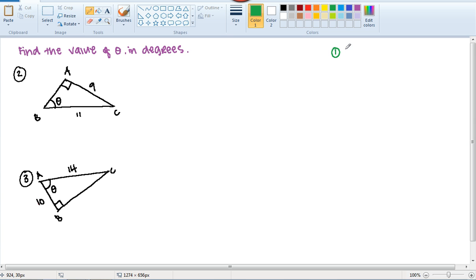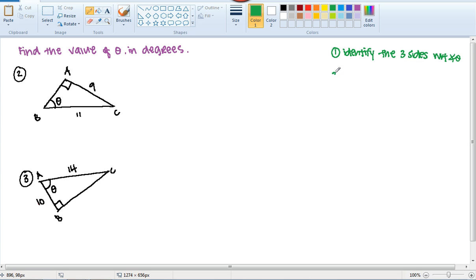Step number one, if you recall, I'm supposed to identify the three sides with respect to angle theta in this case.